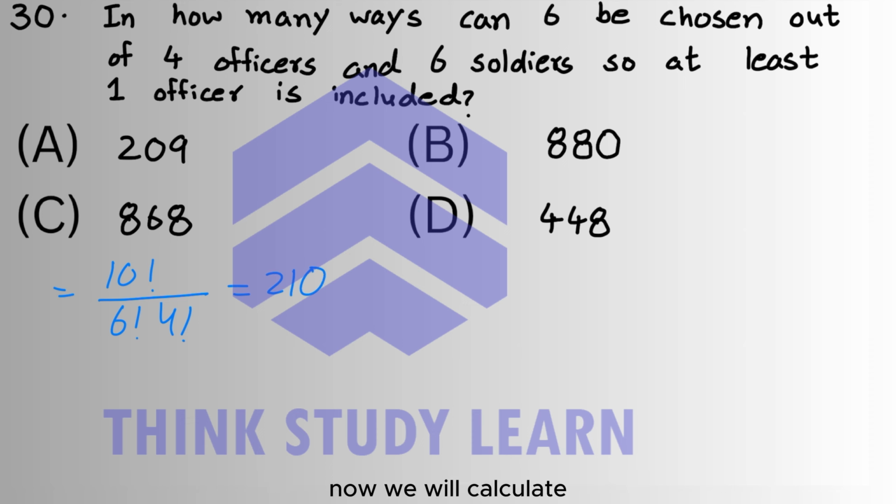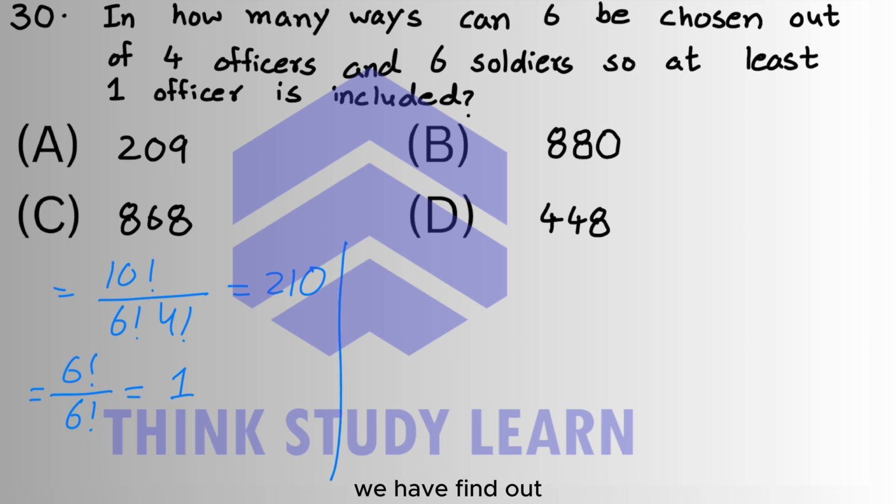Now we will calculate the number of ways to choose 6 people if no officer is included. This means we are choosing all 6 from the 6 soldiers available. So calculating will give us 6!/6!, which will give us 1.